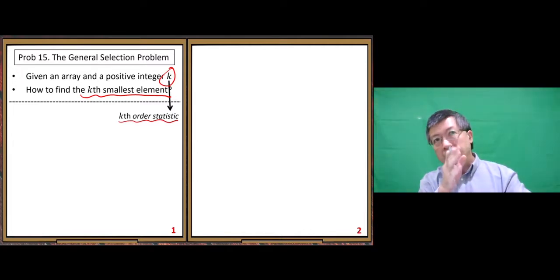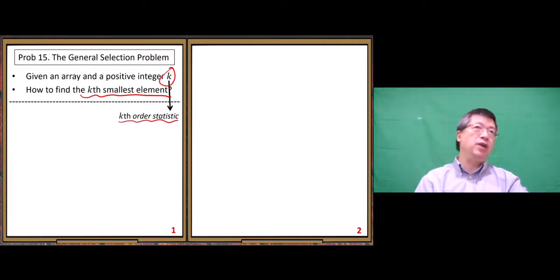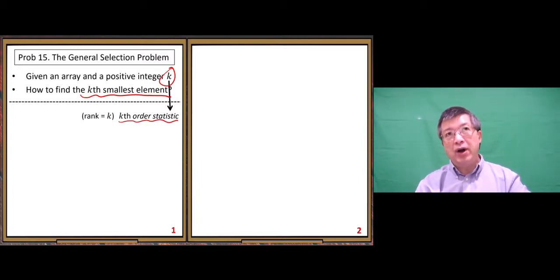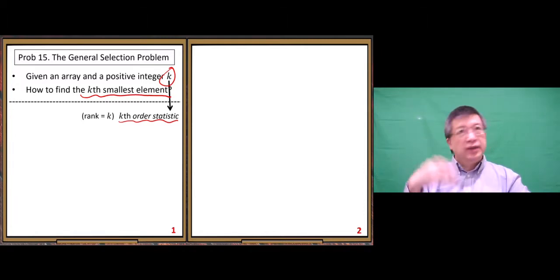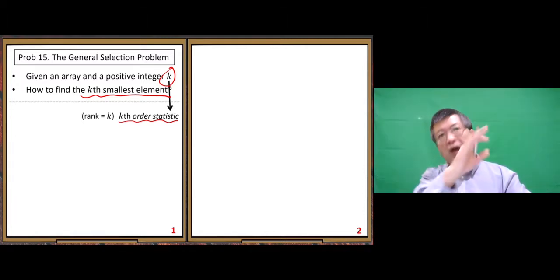And there is another name, we call it rank. The rank of this element is k, kth smallest. In different contexts, we may use different names for it.